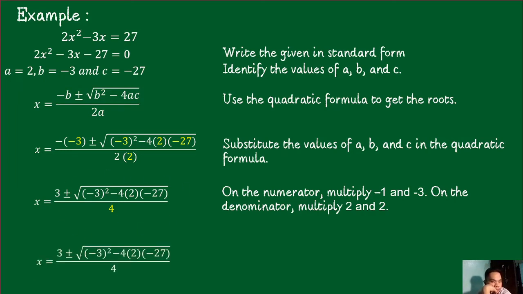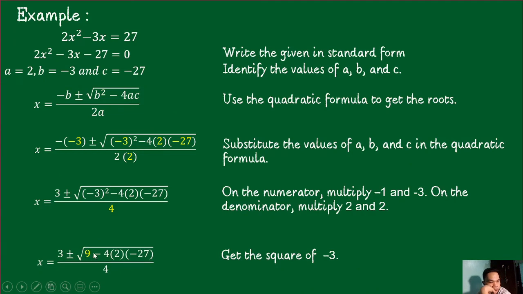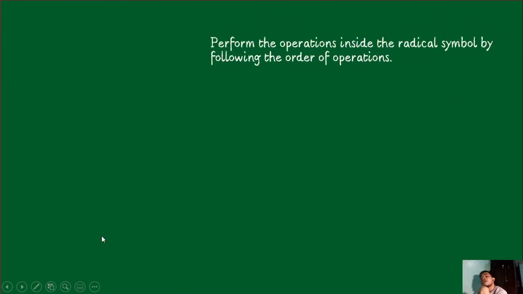Next, we're going to take the square of negative 3. The square of negative 3 is equal to positive 9, because negative 3 times negative 3 is equal to 9. Okay, next. Next one is we're going to perform the operations inside the radical symbol by following the order of operations.